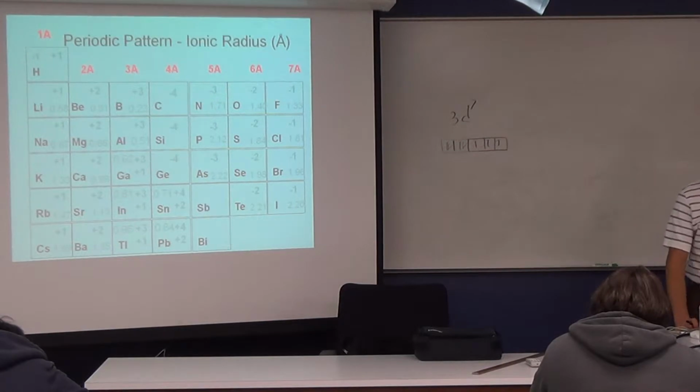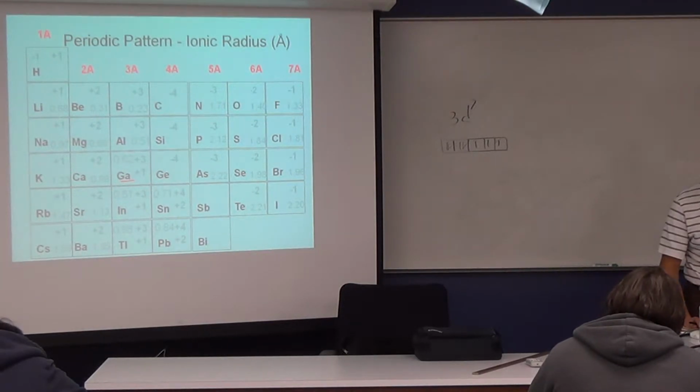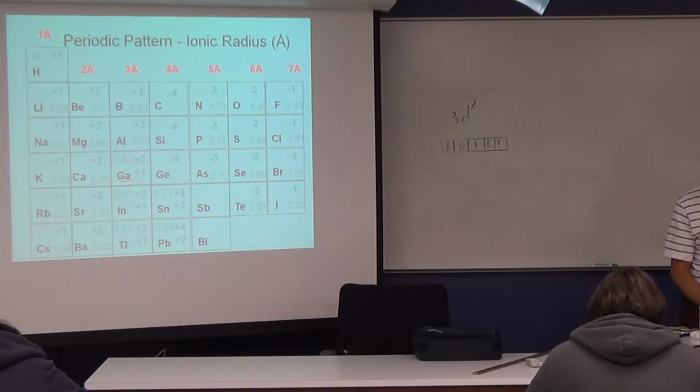Let's find another one. We probably don't have time to really analyze gallium and lead. So let's see from the other 2 rows, which one is isoelectronic, the same number of valence electrons.